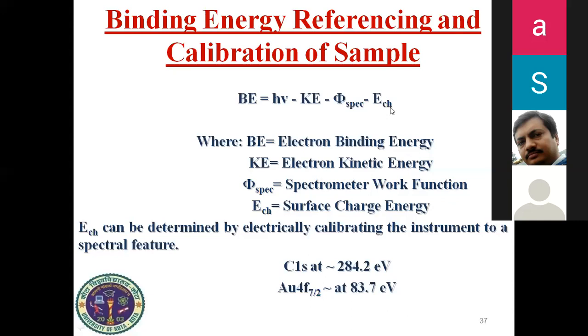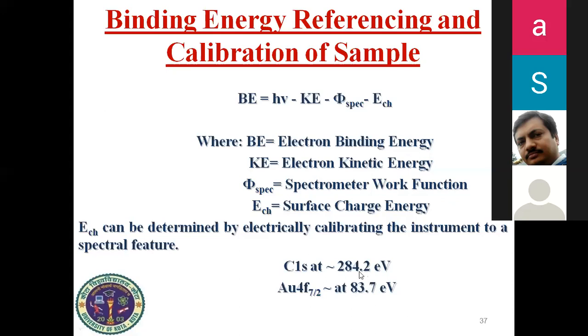This can be determined by electrically calibrating the instrument to a spectral feature. But if this facility is not available, then by referencing the energy value for fixed binding energy elements, we can shift the XPS spectrum.